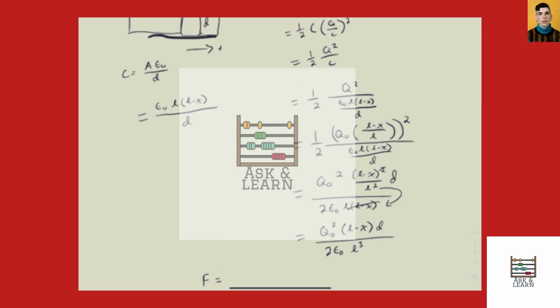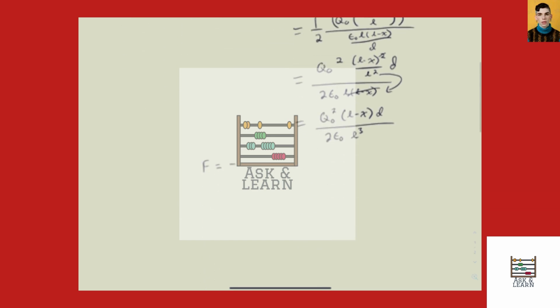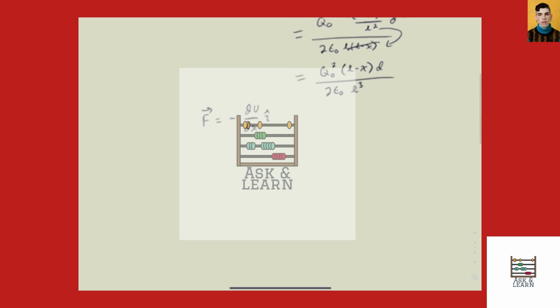And now to figure out the force, it's going to be in the X direction, so I'll say this is positive X. And we'll take minus dU dx, and it's in the X direction, so an i hat vector, so this is a vector quantity. This comes out to minus d by dx times Q0 squared L minus X D over 2 epsilon naught L cubed.